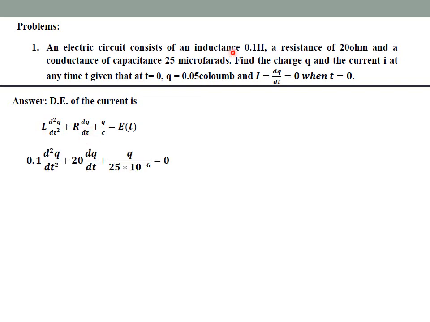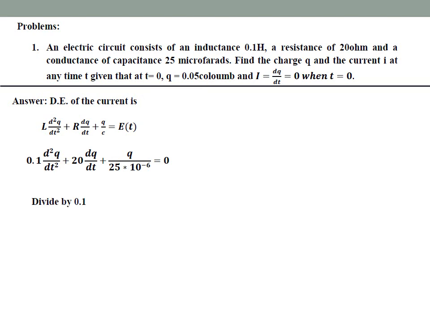What is L? L is 0.1 Henry, and the resistance R is 20 ohm. And C is the capacitance, that is 25 microfarad, so that is 25 into 10 power minus 6. As I said, EMF they have not mentioned here, so take it as 0. Clear? Now you know the standard way of writing an equation is something like d² plus something, correct? So in the next step I'll divide by 0.1.